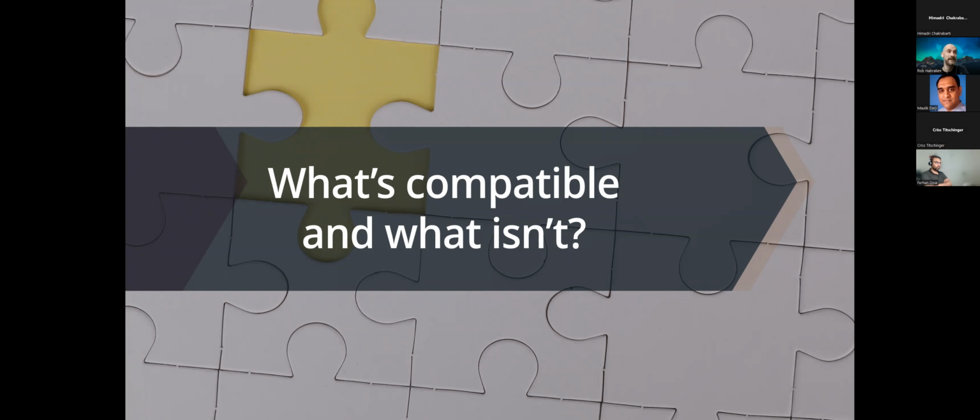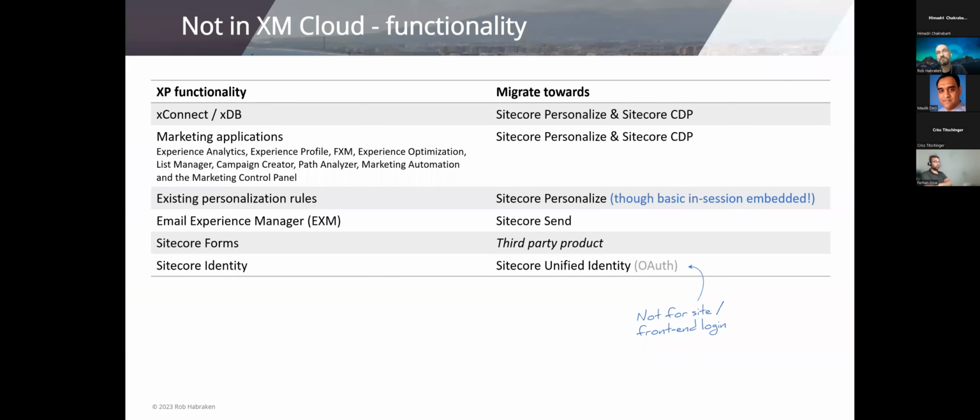And it also plays an important role in assessing how compatible your current setup actually is when migrating to XM Cloud. I've divided this in two parts. First, the functionality, and then the more technical stuff.